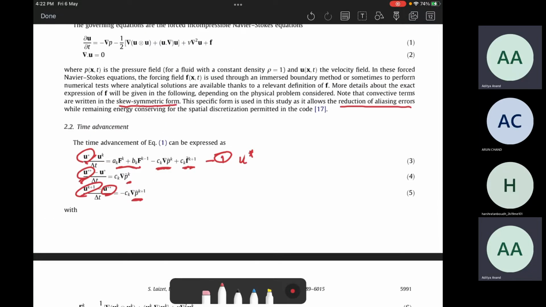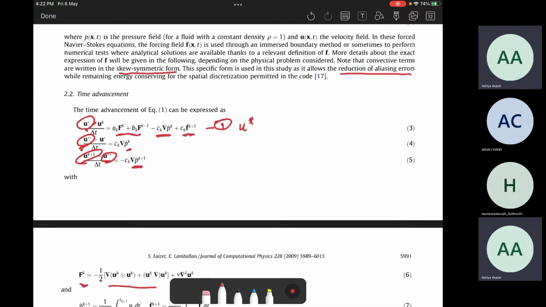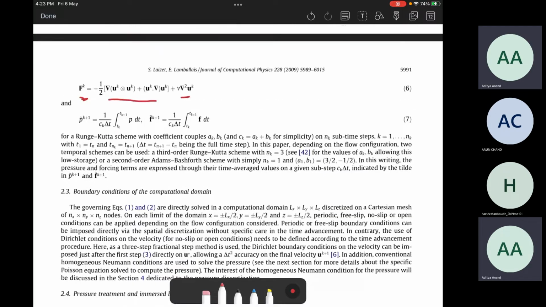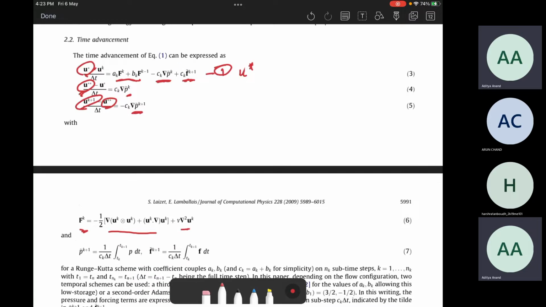So this is the numerical algorithm they have used. They call this the fractional time step method. Anyways, so this was the numerical scheme.